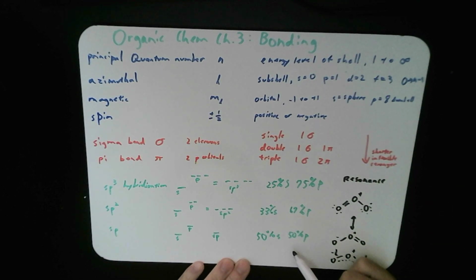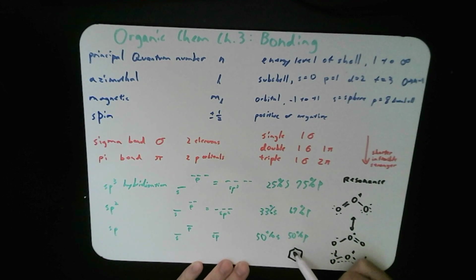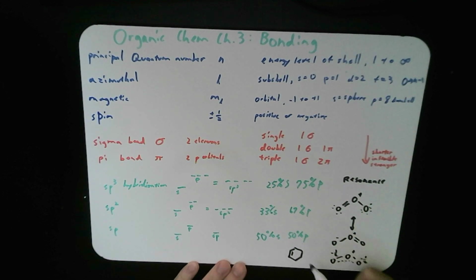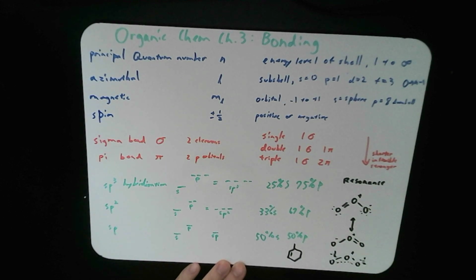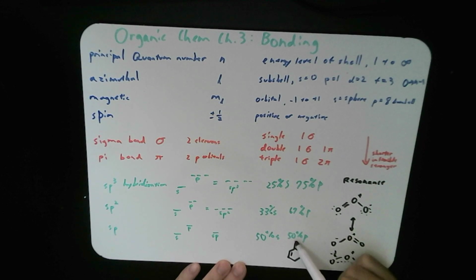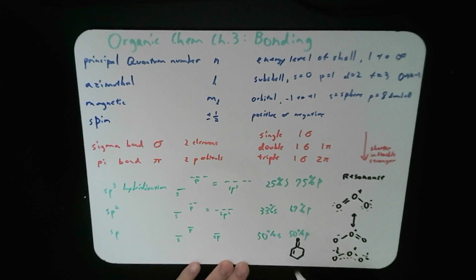Another instance is in cyclic structures. You may see these double bonds that jump from here to here and bump this into another.